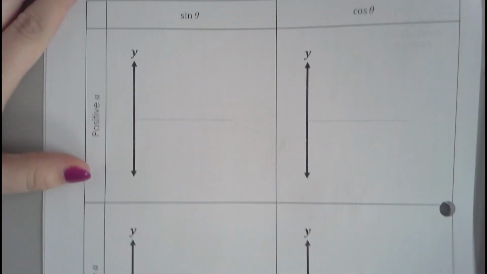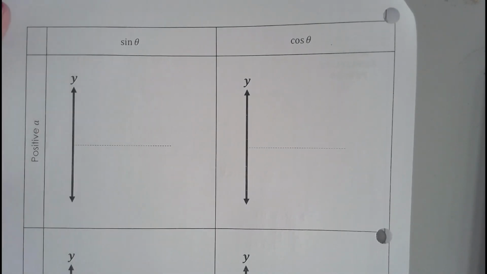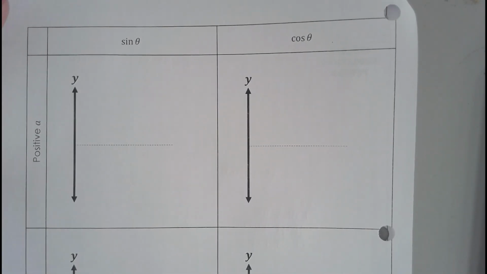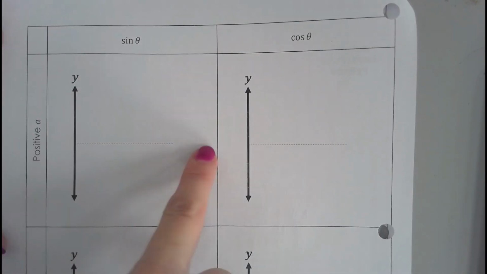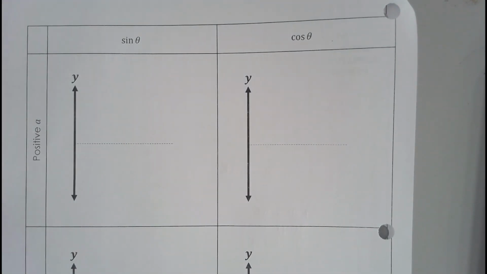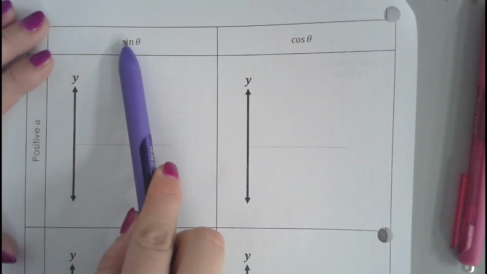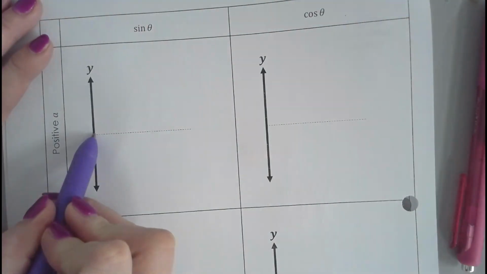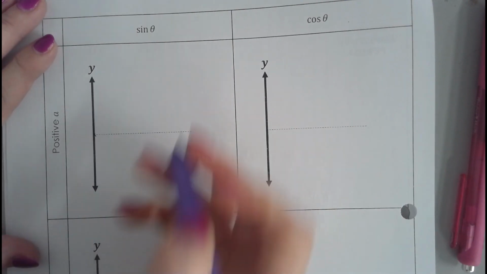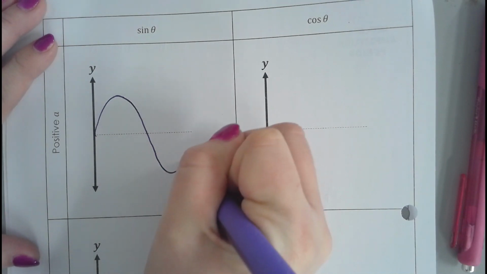So a basic sine or cosine function that has not had any transformations, we're only looking at a positive or negative A. This is the y-axis. This is the midline, which for a very base one is the x-axis, but it could be somewhere else. If it's a sine graph and your A is positive, you're going to have a point that starts here at the midline, goes up and down and then back up.